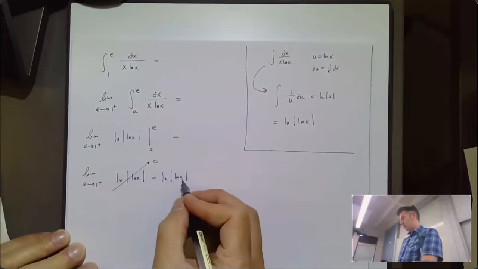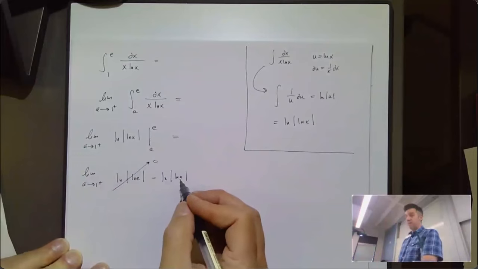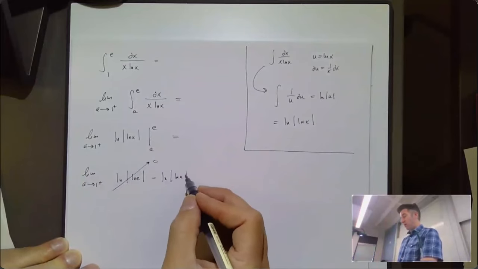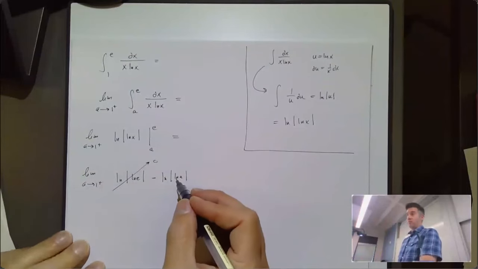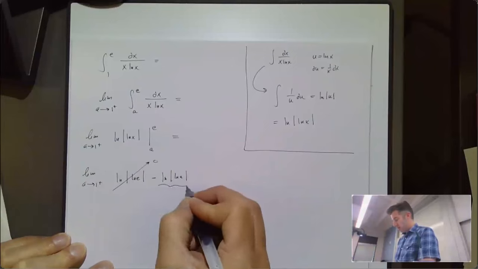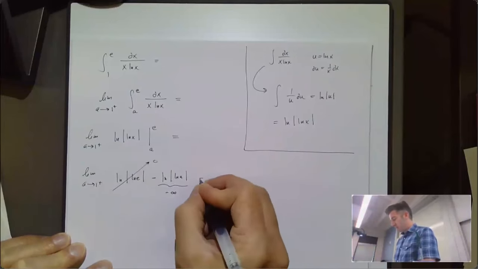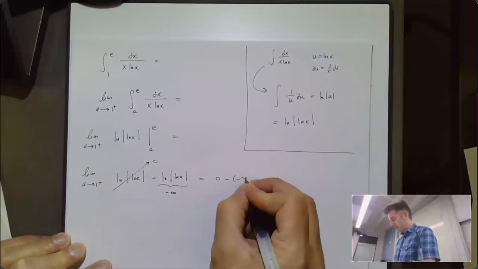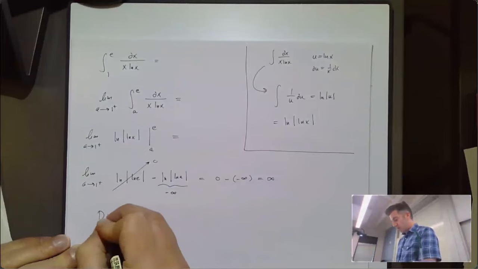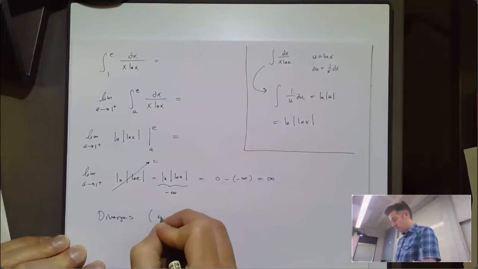And if a is approaching 1, the natural log of a is approaching 0, and the natural log of something approaching 0 is approaching negative infinity. So this part here is going to negative infinity. So we end up with 0 minus infinity, which is infinity. So this one definitely diverges. And specifically, it diverges to infinity.